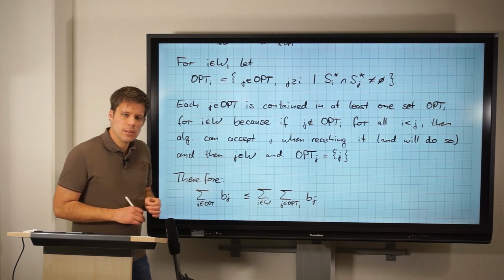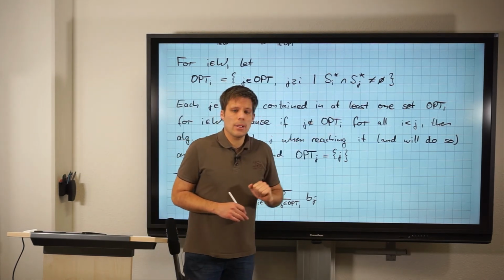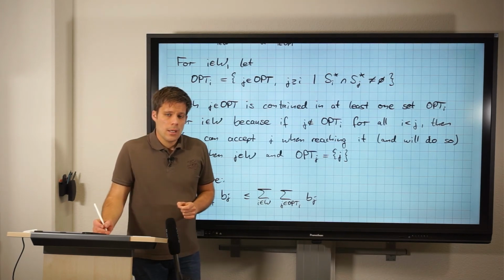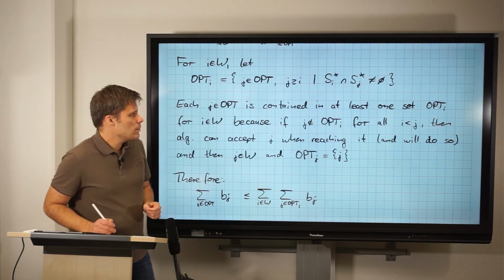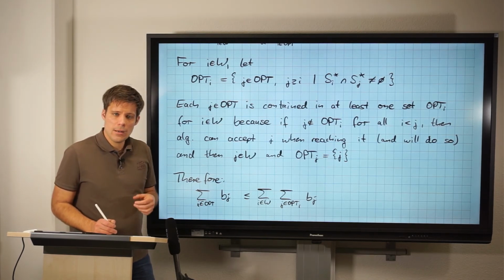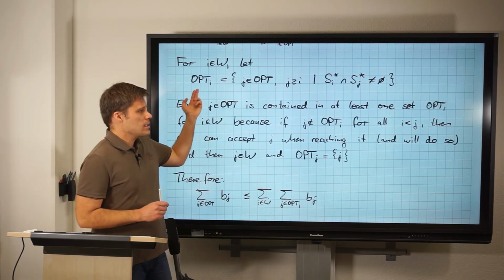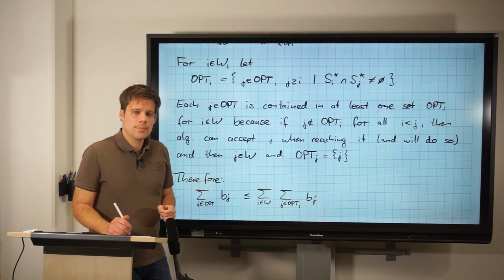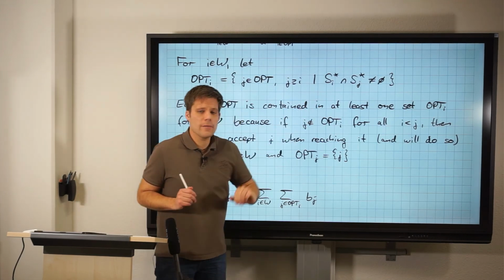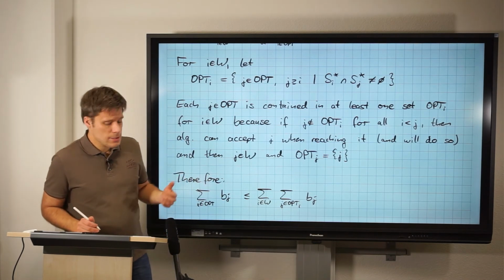Well, we know that each of them will have a non-empty intersection with S_I star. And those all use different items. Their items are disjoint. So this means that the cardinality of opt I will be bounded by the cardinality of S_I star, and this immediately means that it is bounded by d.